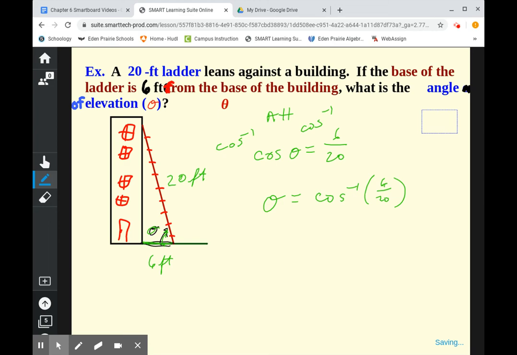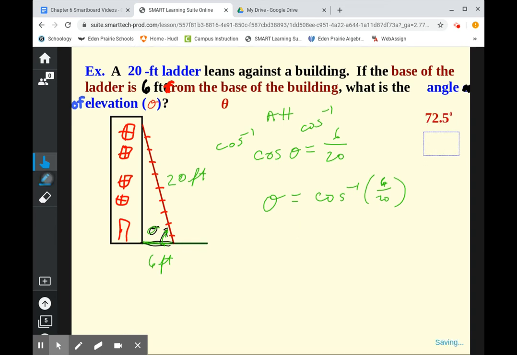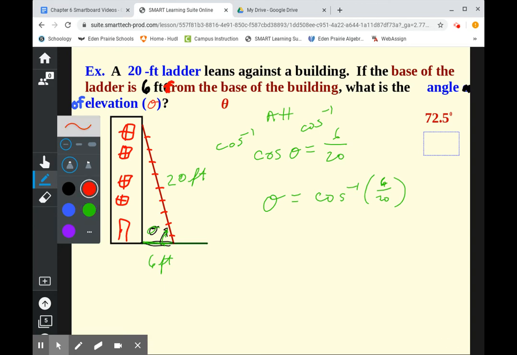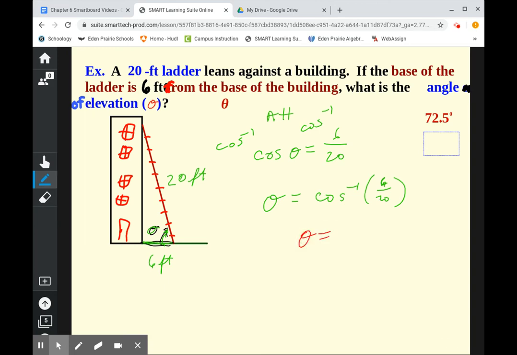Now that would be the exact. Now you could simplify the 6 over 20, but that would be the exact answer. If you throw that into your calculator, you'll get theta to be 72.5. Theta equals 72.5 degrees. Don't forget the degree mark. There you go.